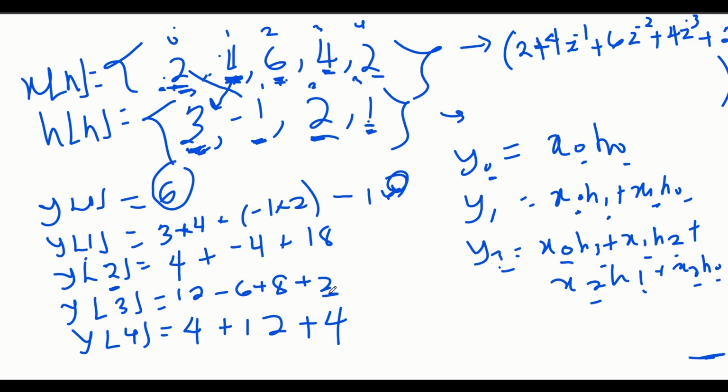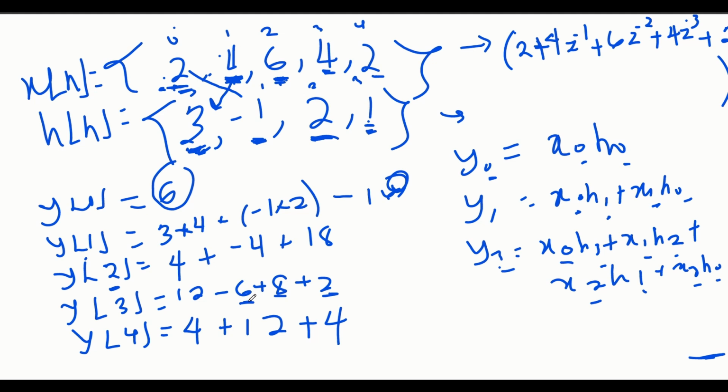Then x of 1, h of 2. x of 1 is 4, h of 2 is 2, so 4 times 2 is 8. That's what you see here. Then the next one, x of 2 is 6, and h of 1 is -1, right? So 6 times -1 is -6. That's what you see here.